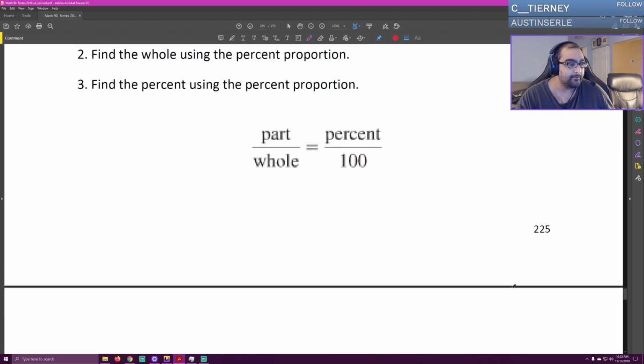The setup is going to be the most important part, but we're going to look at some more examples, either setting up our proportions, or setting it up using our math language, like we did in section 6.1. We'll be looking at more examples as time goes along for next class.